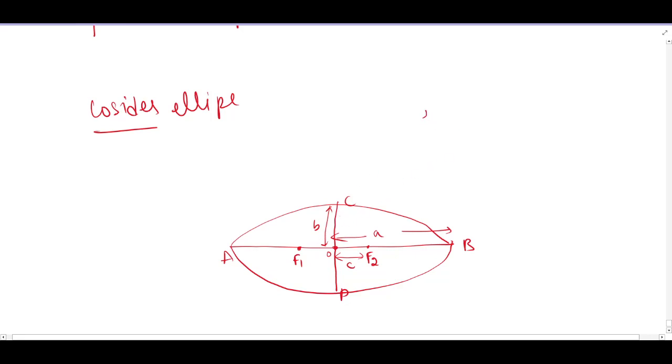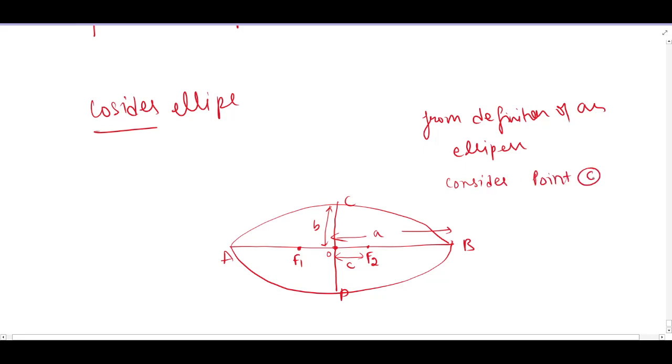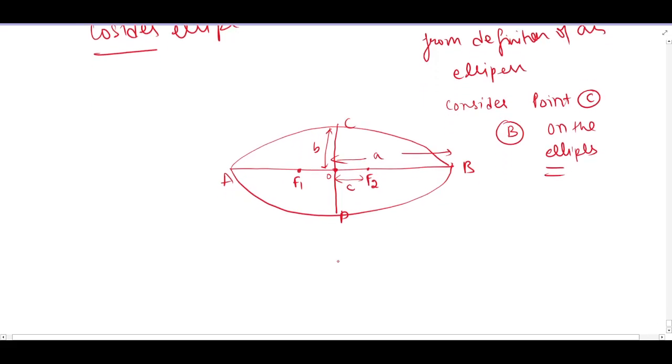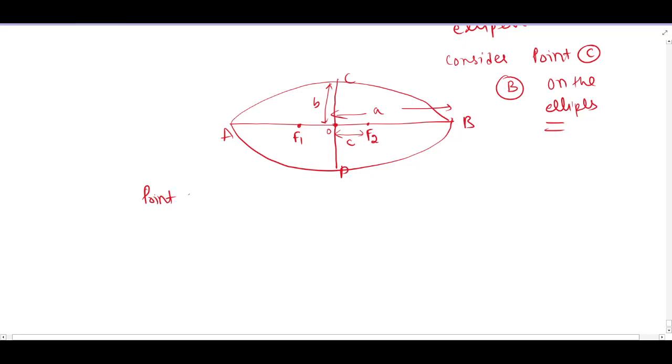From the definition of an ellipse, the sum of distances of any point from F1 and F2 is always constant. So consider any point C and B on the ellipse. Therefore, for point C, we have CF1 plus CF2.